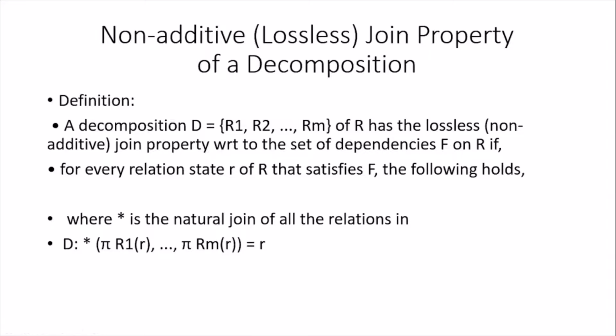So when we have m relations R1 to Rm, and you take every relation state r, take the projections, and perform the natural join, you get r again.